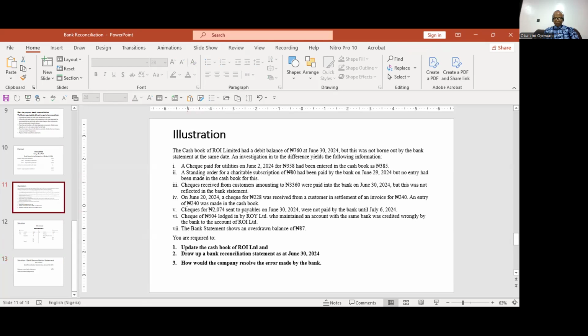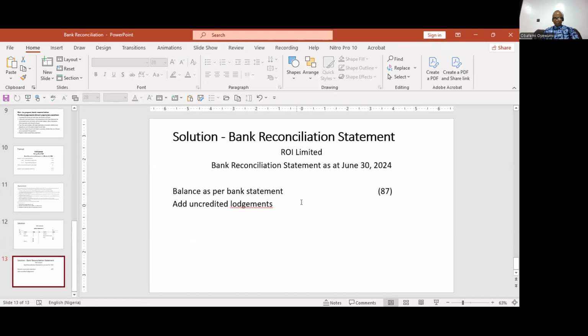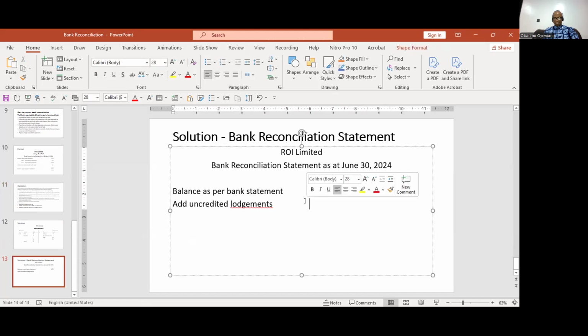Checks received by customers, but not paid to the bank, 3360. So we're going to add 3360 here. So let me put this appropriately. So that's what we have.